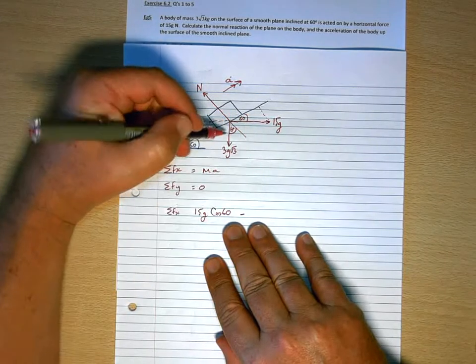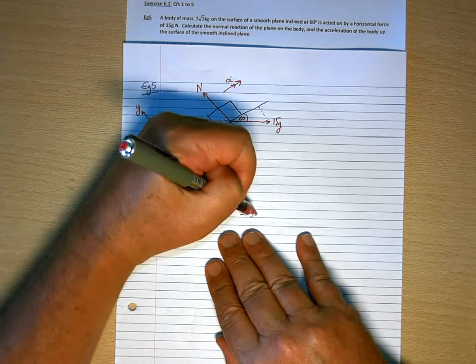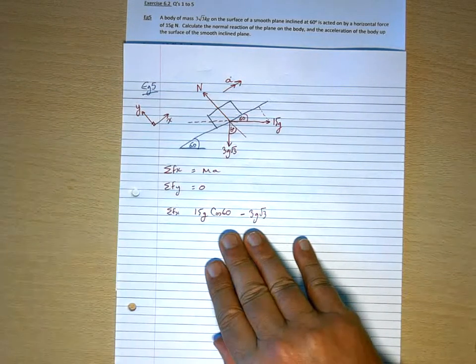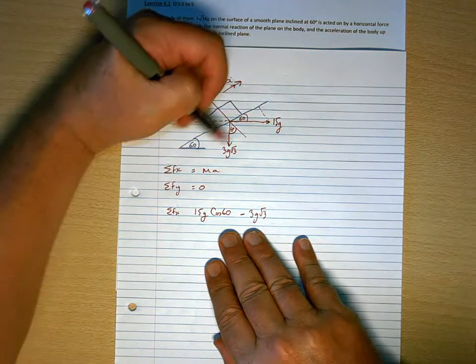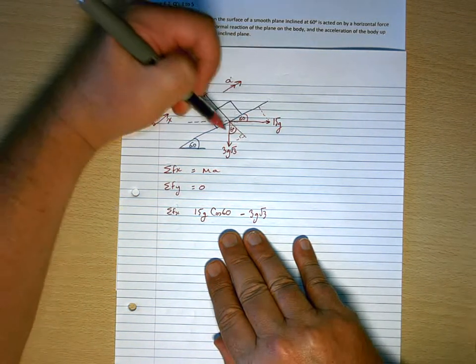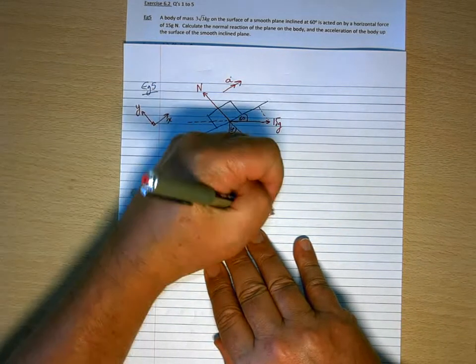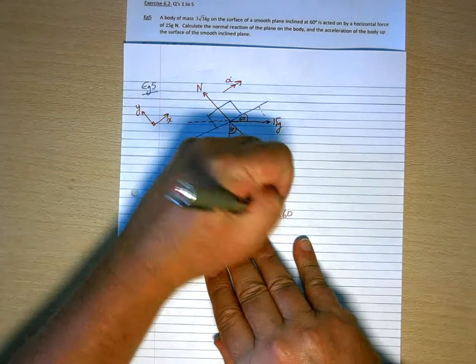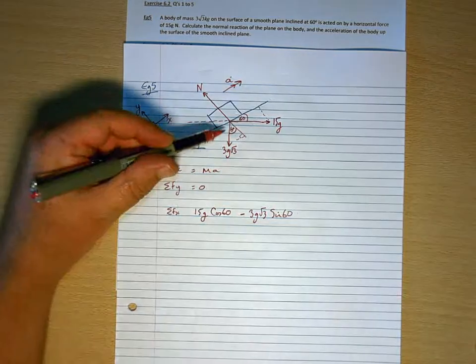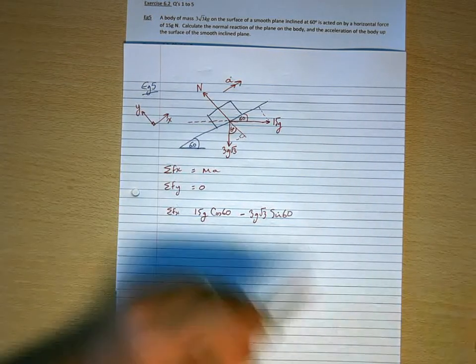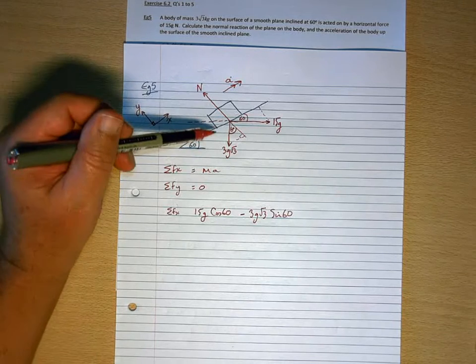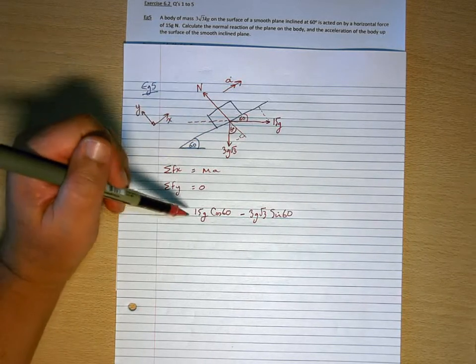Then I'm into this one, which is going to be negative 3g√3, and this is the one that is going to be the flip, where it isn't going to be cos of 60, it will be sine of 60, which is what we're practicing in the second example.